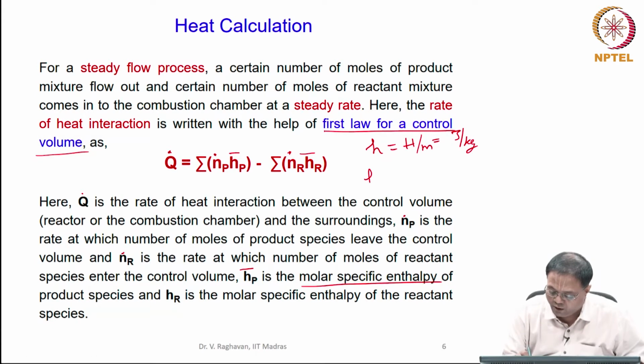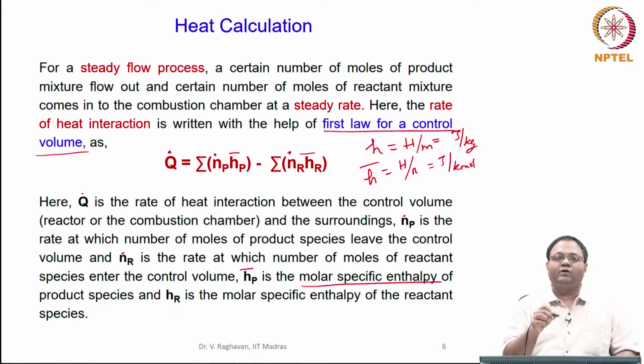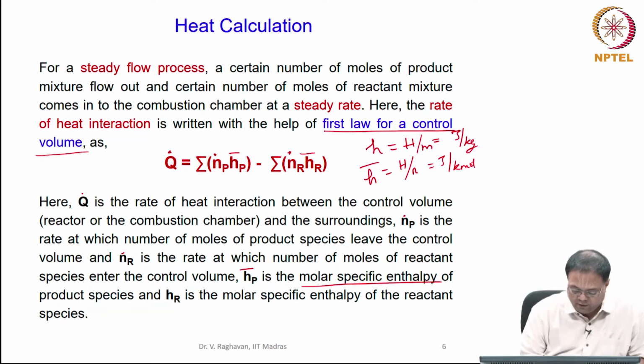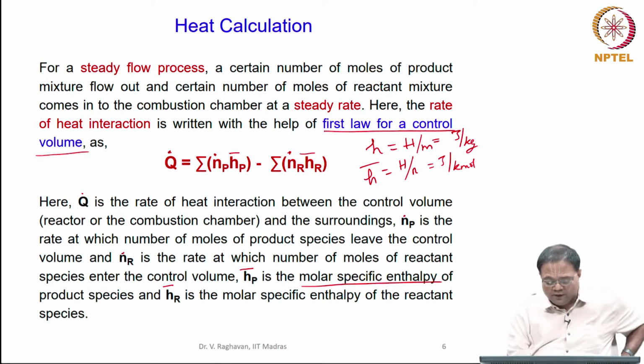When I say H bar, this is H by N, which is joule per kilomole. For convenience, again I have not put the overhead bar or overhead dot for representing the molar specific quantity or the rate. Anyway, you can just remember this nomenclature.